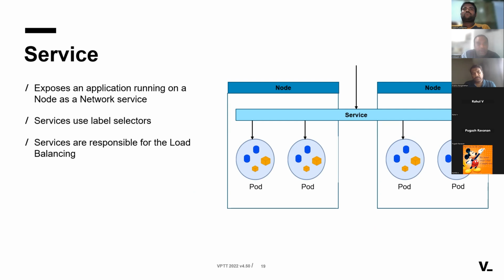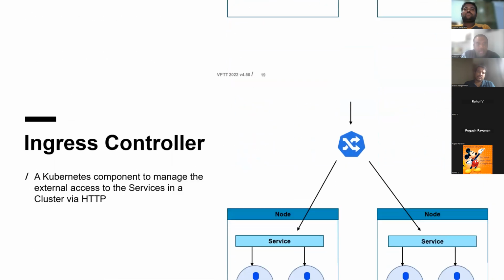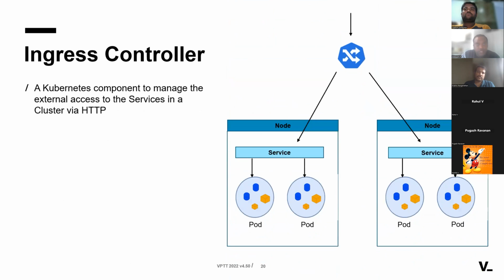So for a CM instance and CM deployment, there will be one service, and similarly for the rest of the instances, like the CD and so on. The services are also responsible for load balancing, and a service will make sure to distribute the load among the running healthy pods.